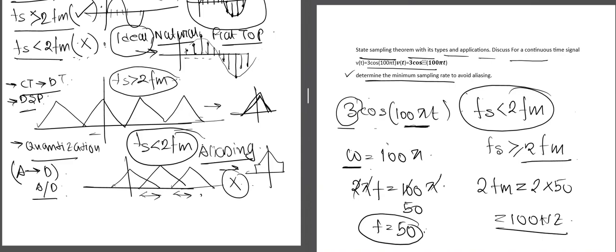So in order to avoid aliasing, the sampling rate should be greater than or equal to 100 hertz. If it is equal to 100 hertz, it will be critical sampling. If it is greater than 100 hertz, it will be oversampling. So by choosing the sampling rate according to this condition, we can easily avoid aliasing. Thank you.